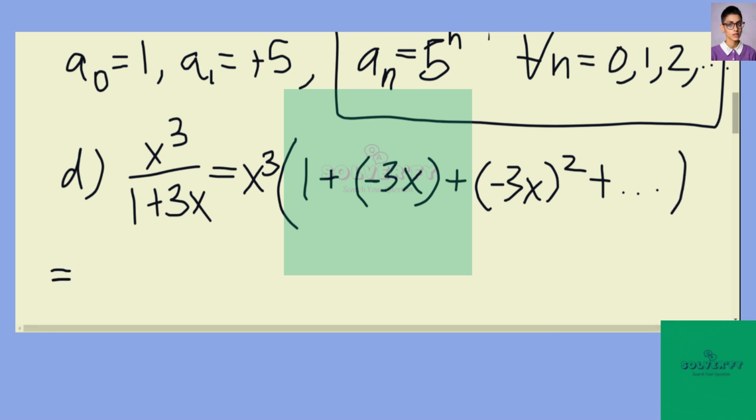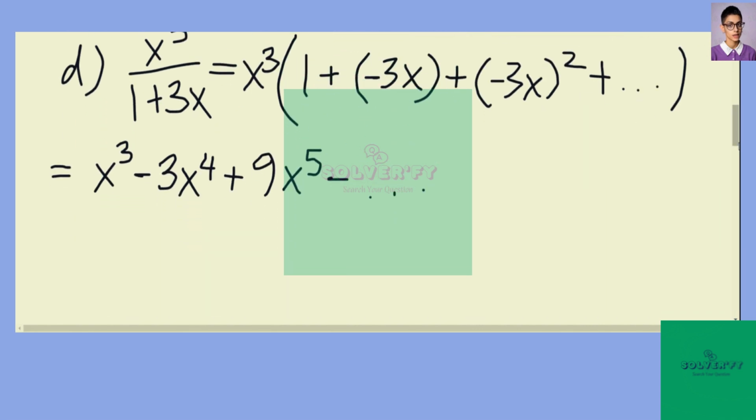And this is equal to x^3 minus 3x^4 plus 9x^5 minus, and so on.